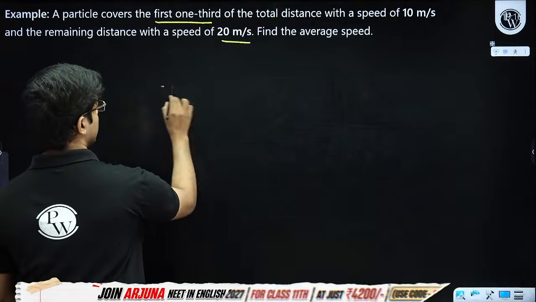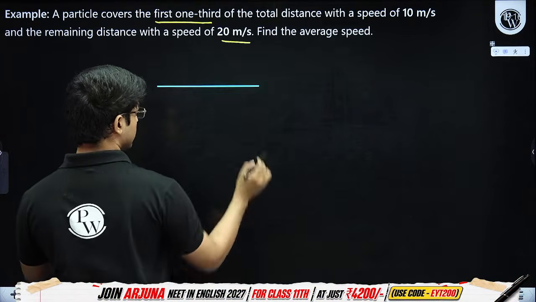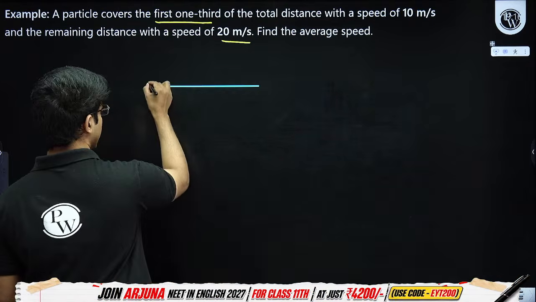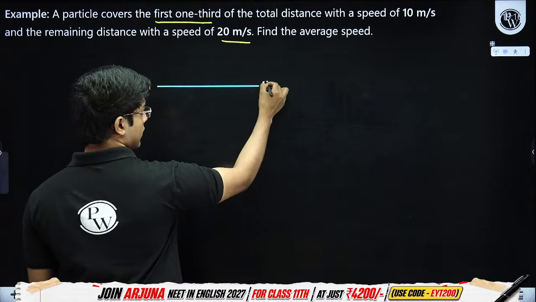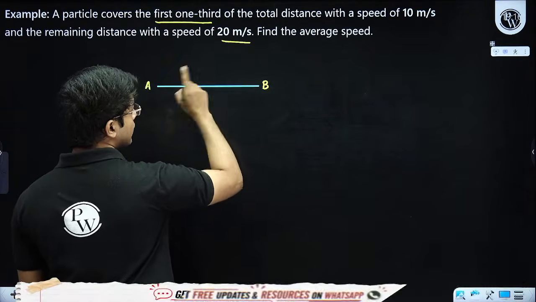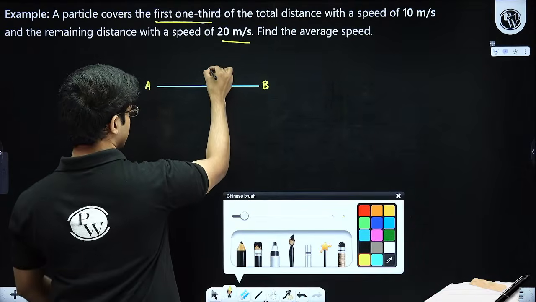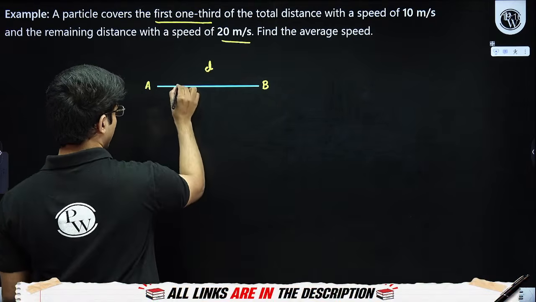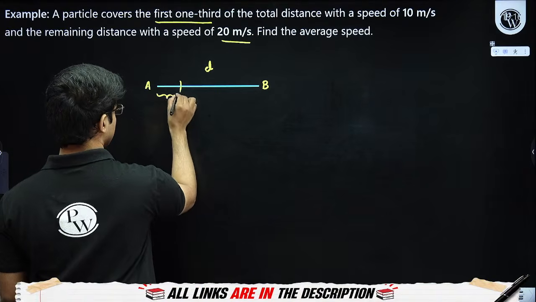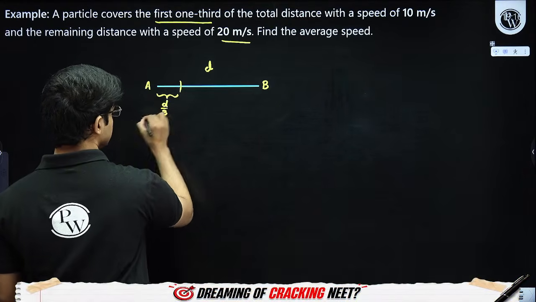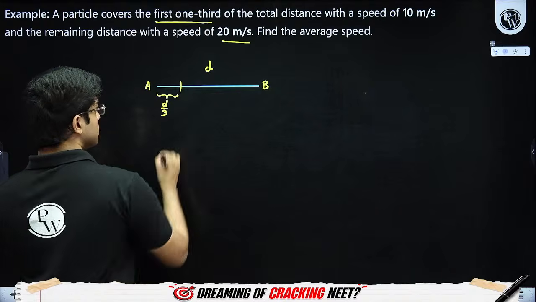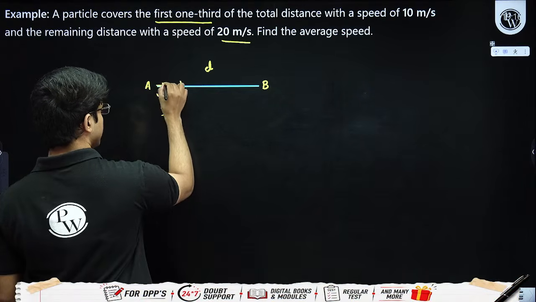So there is some journey from an initial location to a final location. The first 1/3 of the total distance. Okay, so if this distance is in total D, in this D by 3 part, the speed is 10.